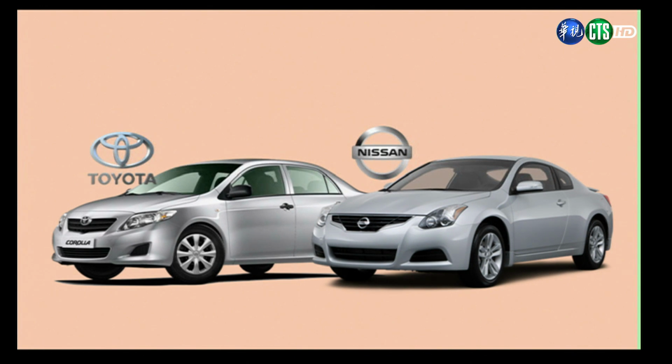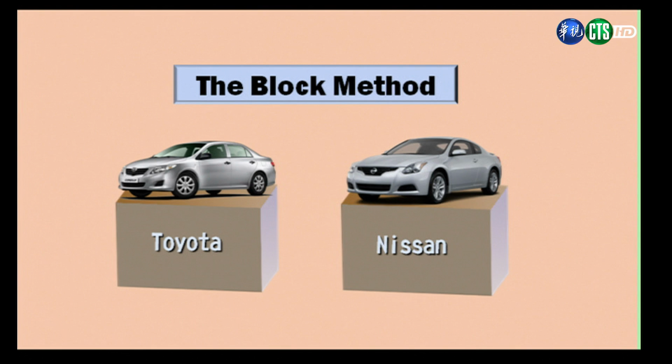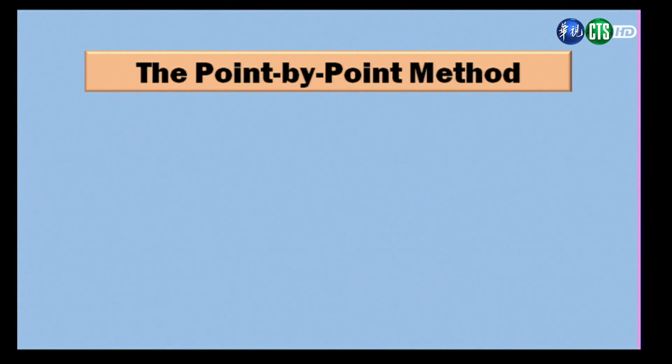And you write all your thoughts about the Toyota in one block, and then you put all your thoughts about the Nissan in the next block. Now let's take a look at a picture for the point-by-point method.